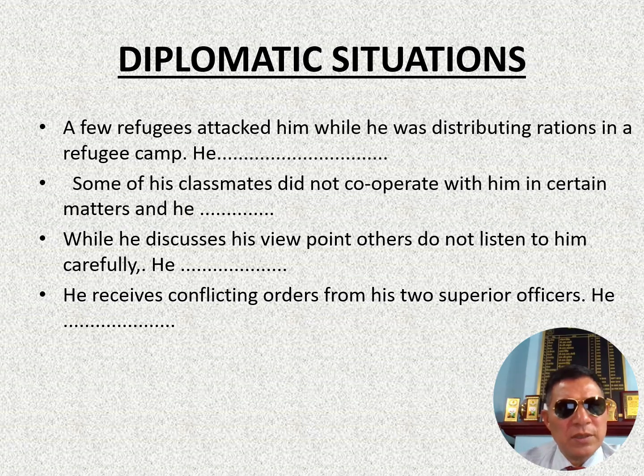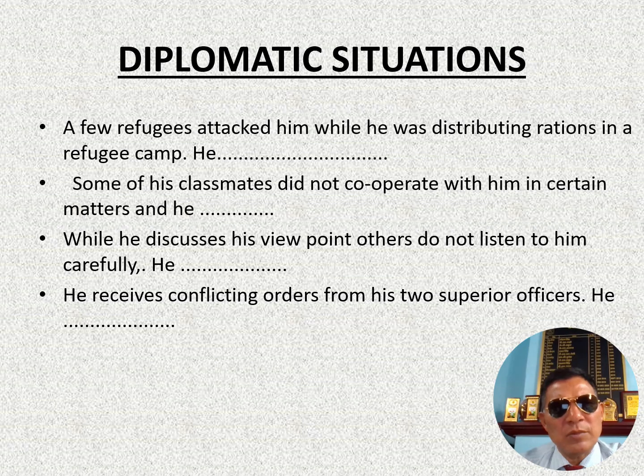Another situation is he receives conflicting orders from his two superior officers. Gentlemen, there are two superior officers. Definitely, the two will not be of the same position, and whosoever is the senior most, take his orders, and if these are conflicting, there may be some communication gap between these two superiors.